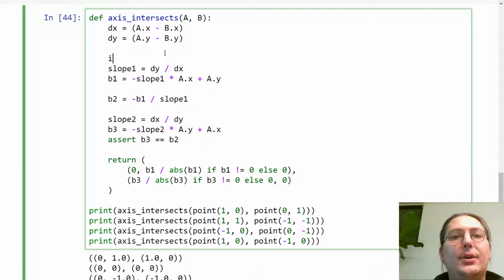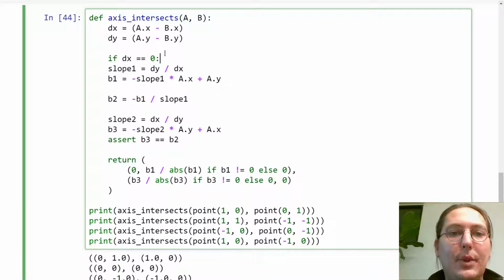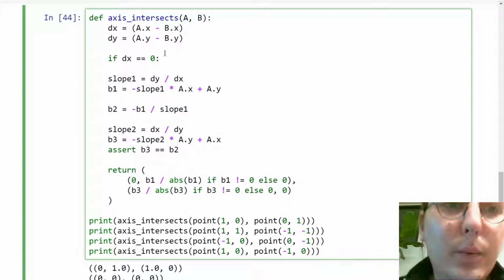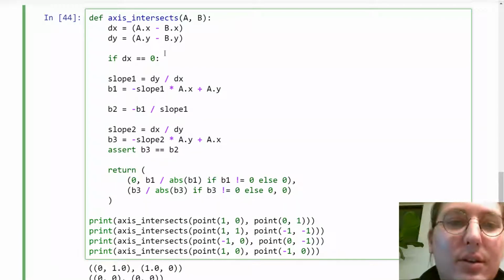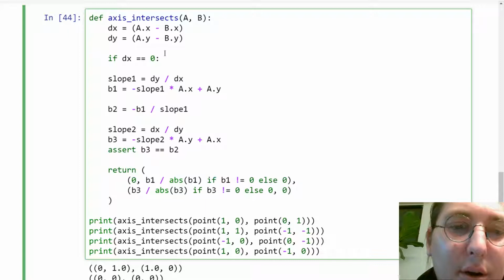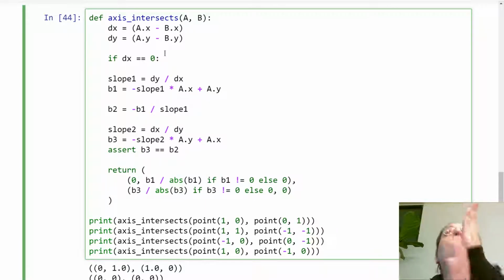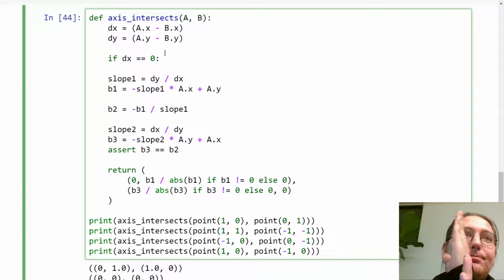So if dx is 0, then we know that the axis intersect will be somewhere. Yeah, it has to be directly below or above us.